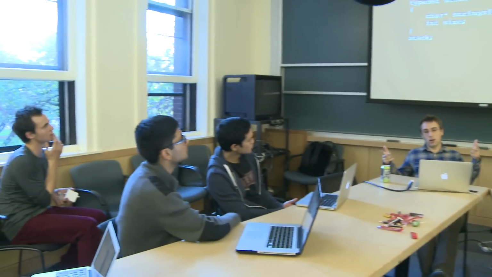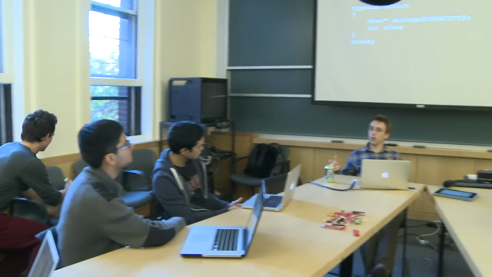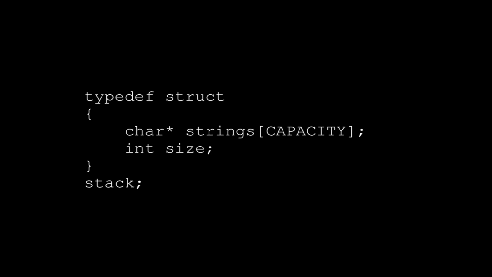Sorry, why is it that you said the stack is on top of the strings? To me, it seems like the strings are within the stack. That's a great question. The question is why are we saying that the stack is on top of the strings, because here it looks like the strings are inside the stack, which is totally the case. What I was referring to was that we've got an array data structure, an array of char stars, this array of strings.